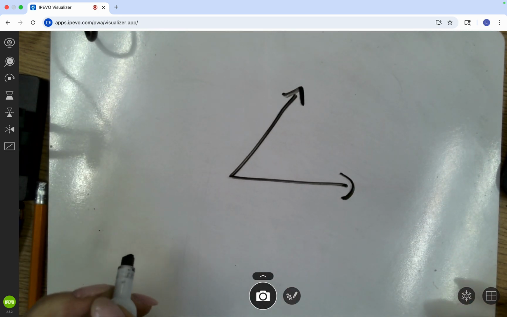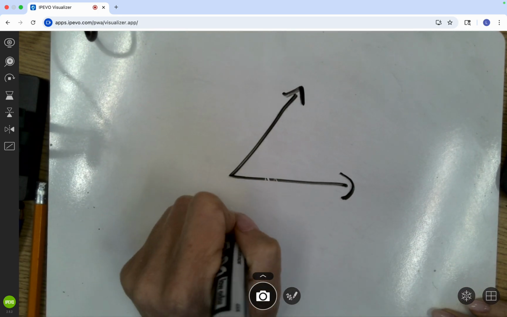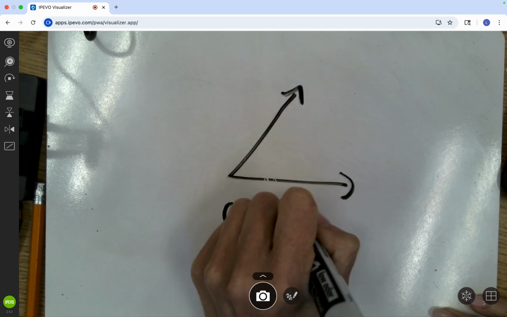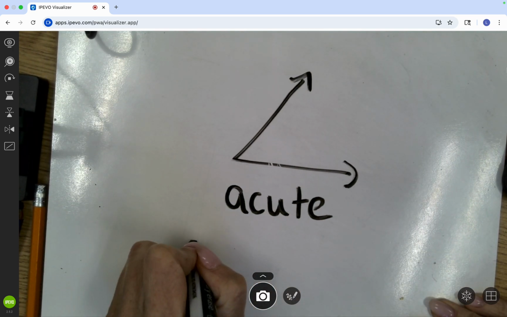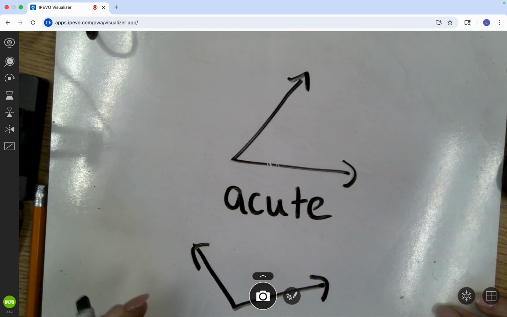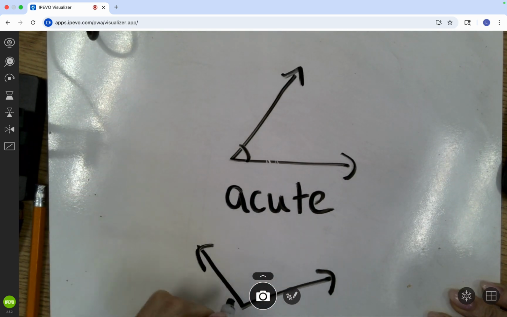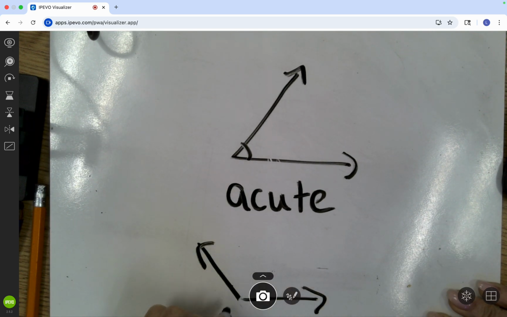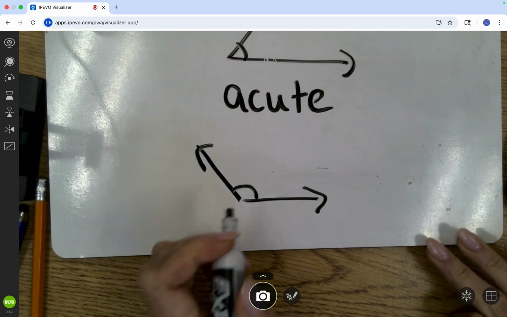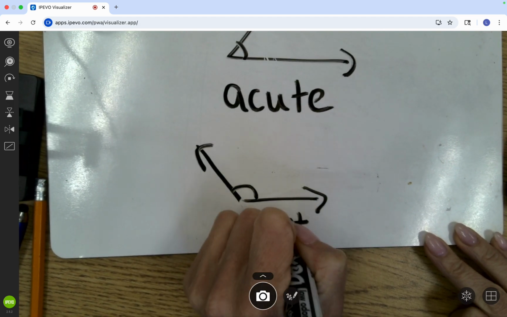And remember we said, oh, look how acute the little angle is. Acute. And then an angle larger than 90 degrees is obtuse, and we say obtuse, big caboose.